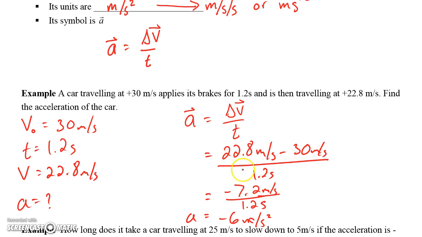So for the first part, we did 22.8 minus 30. And so the addition subtraction rule is to the decimal places. So our answer there, the sig fig should go to the ones place, because the 30 is precise to the ones place. We can think of it as 3.0 times 10 to the 1.